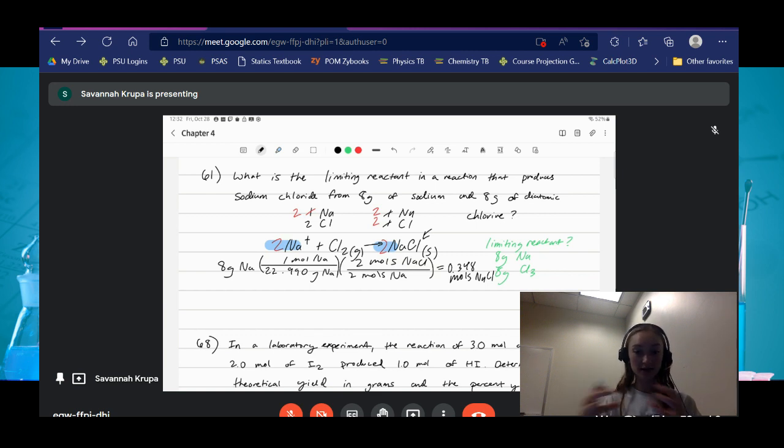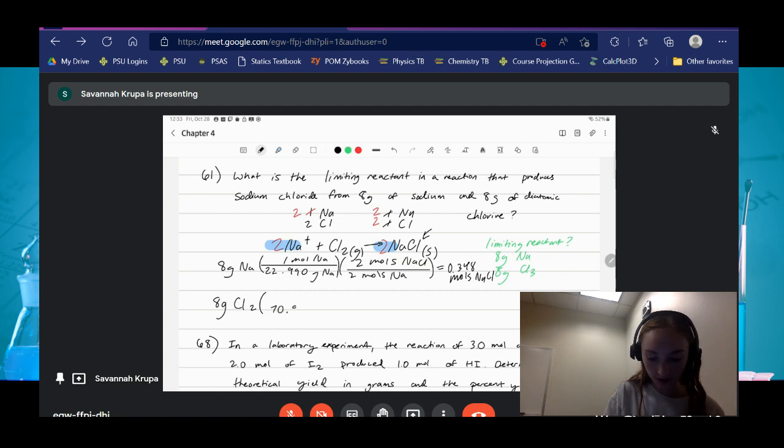So we're going to compare that same process for the diatomic chlorine, and see how much sodium chloride it makes. Then based on that, we can see which amount is the least, and that will be the limiting reactant. From the problem, we also have 8 grams of Cl2, and the molar mass of that is 2 times the chlorine atom, so that gives us 70.906 grams of Cl2 for every 1 mole of Cl2.